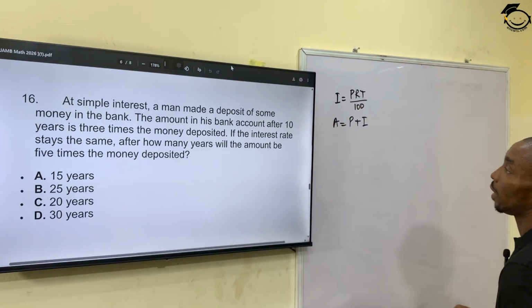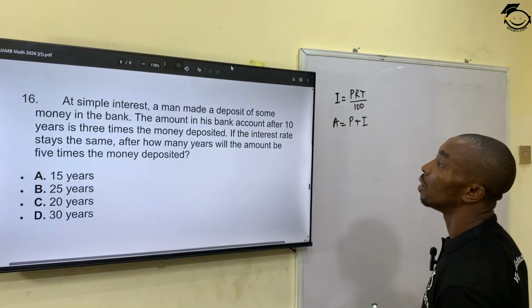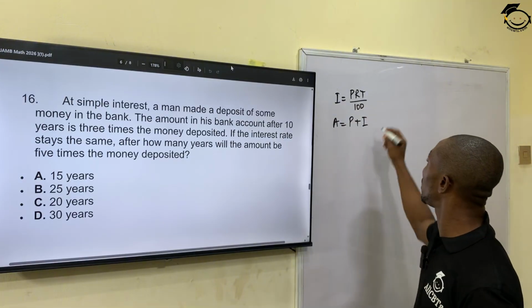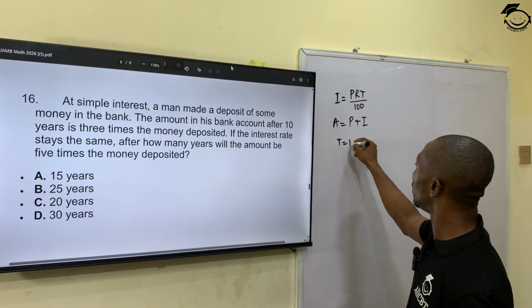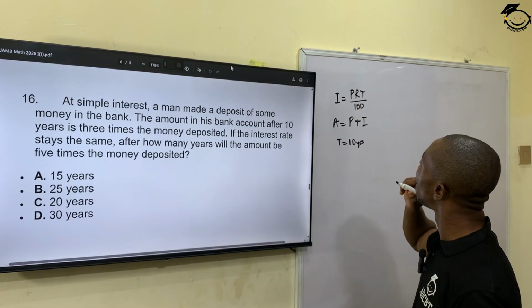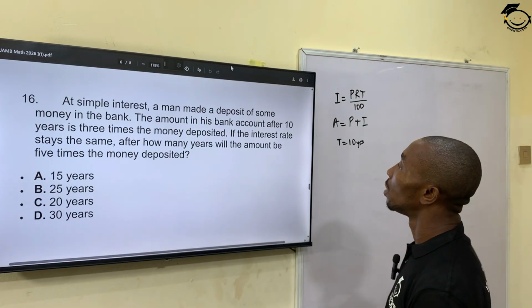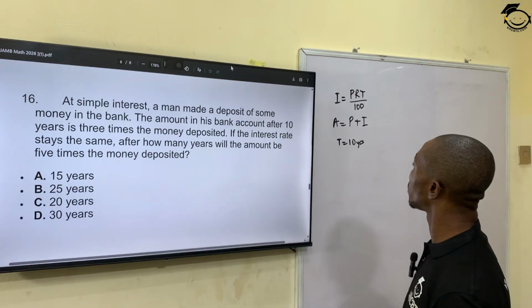All right, now from here they said the amount in his bank account after 10 years. So our T is 10 years. Okay, the amount is 3 times what he deposited.